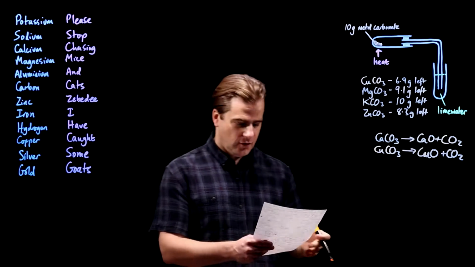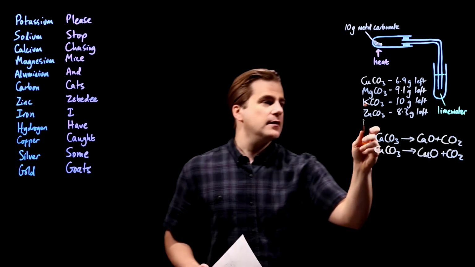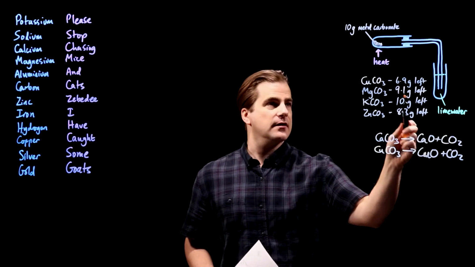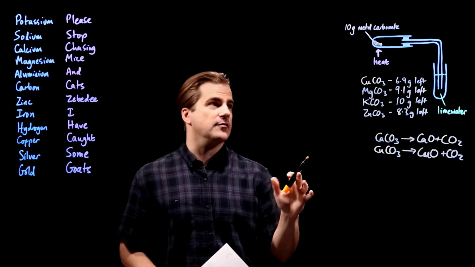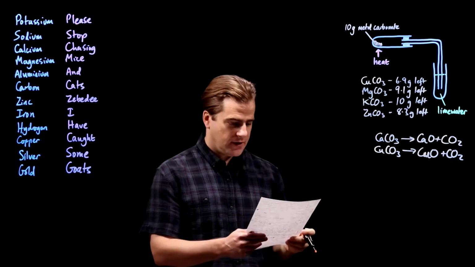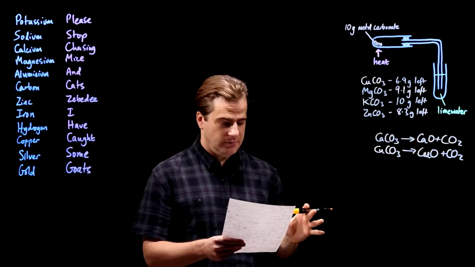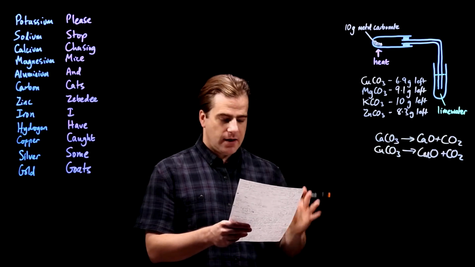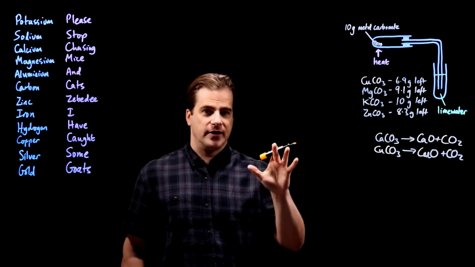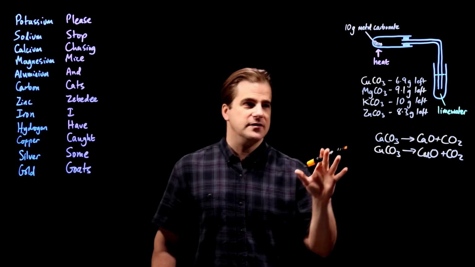The results for potassium carbonate were, there was 10 grams left after heating for 5 minutes, and it started with 10 grams as well. And also we were told that the lime water doesn't go cloudy, and that's it.